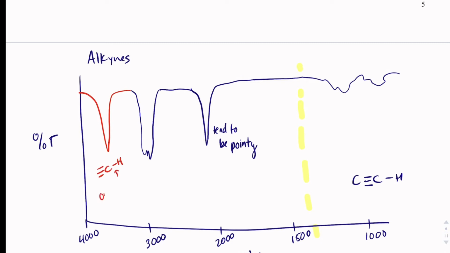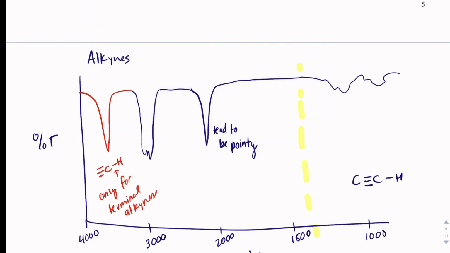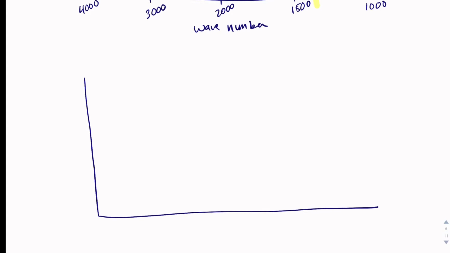This is only for terminal alkynes. Okay, so if that triple bond is in the middle of your structure, that goes away. Okay, so after alkynes, I want to make sure I get all of them. I'm going to do alcohols.